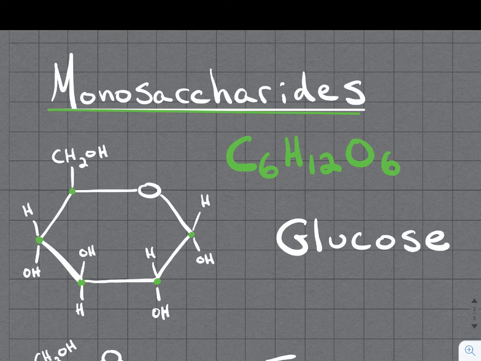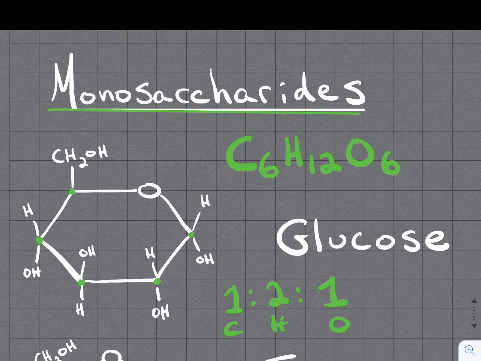Well, there's a unique characteristic about all carbohydrates, and that is all carbohydrates have what we call a 1 to 2 to 1 ratio, and that means this is the ratio of carbon to hydrogen to oxygen.